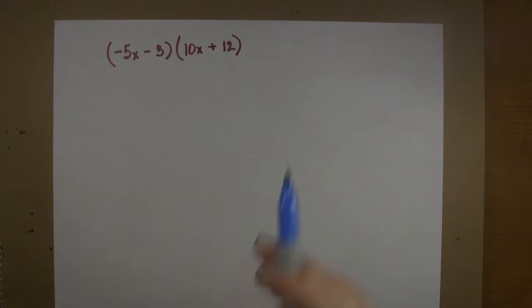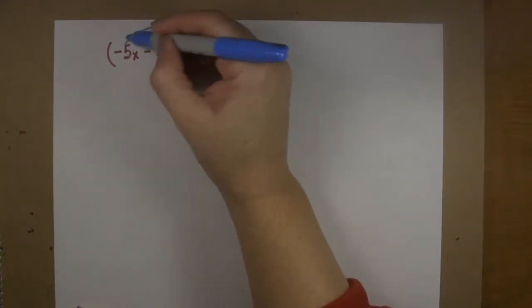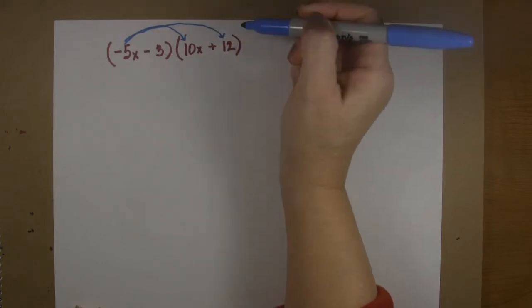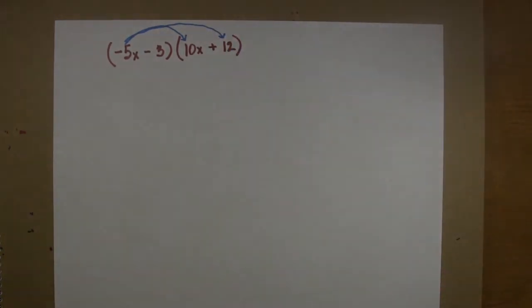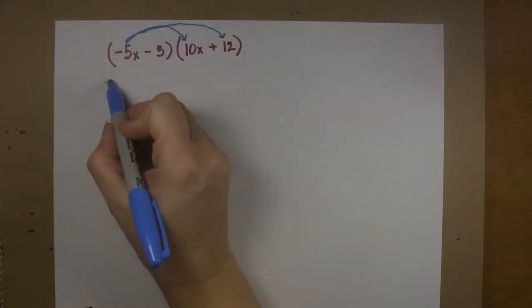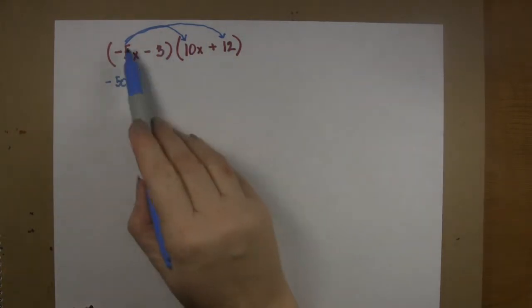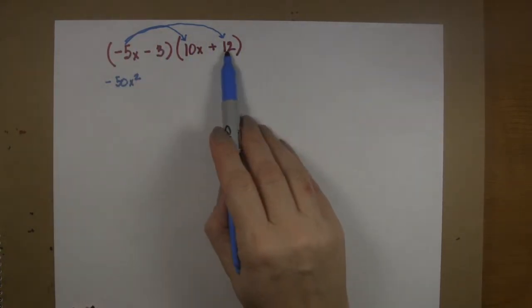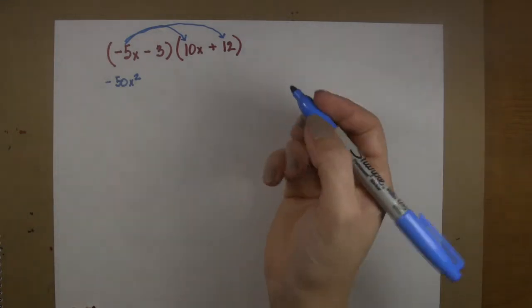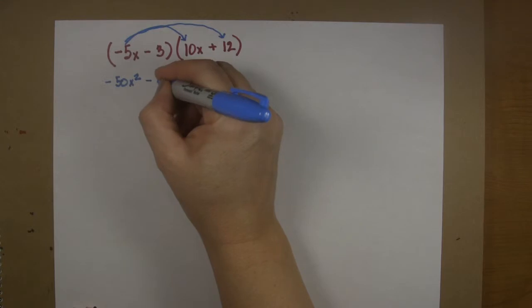So our first step is to take the first term of our binomial and distribute it over both terms in the second set of parentheses. So -5x times 10x would be -50x squared. And -5x times +12 would be, what is that going to be, -60x?